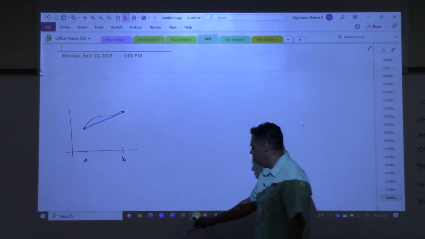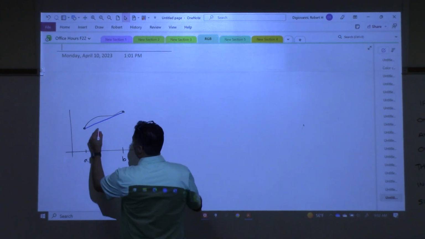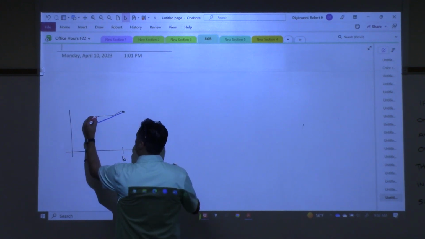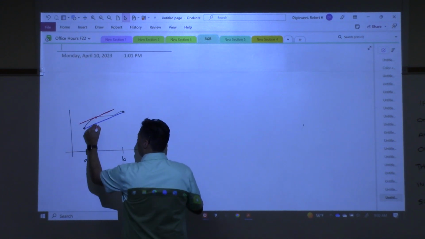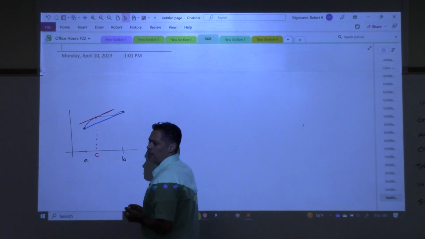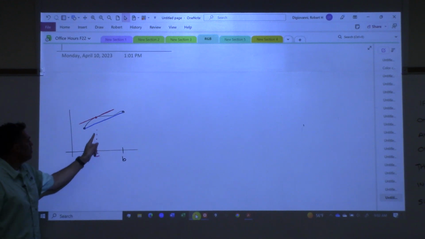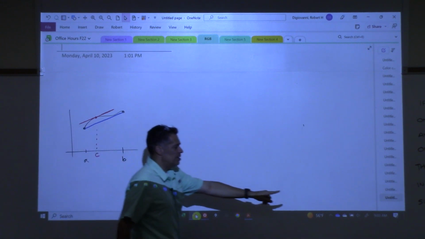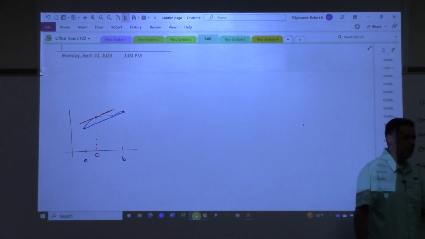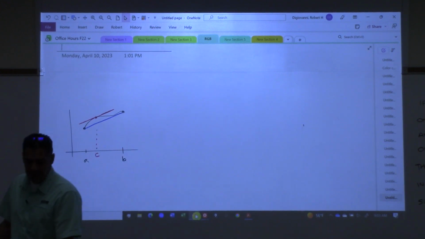So whatever the slope of that blue line is, somewhere in here, there's at least one point where if you go to that point and you find the slope of the tangent line at that point, we call this point c, the mean value theorem says there's at least one place in here where the slope of the tangent line will be parallel to the slope of the secant line. And that's what this is saying right here. The slope of the tangent line at that point c will be equal to the slope of the secant line connecting the two endpoints. All right, that's where we kind of ended class last time.